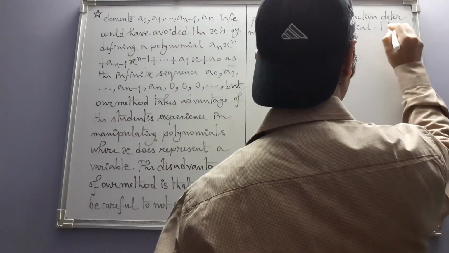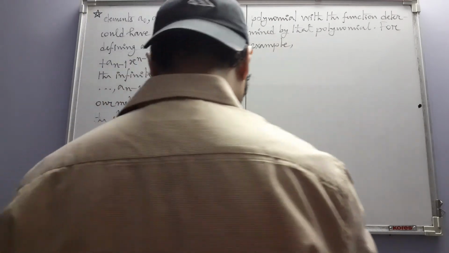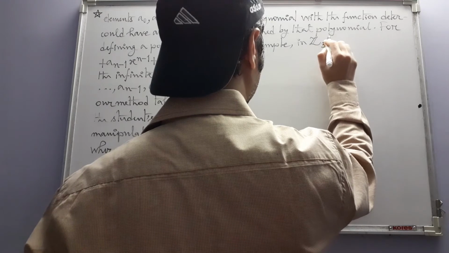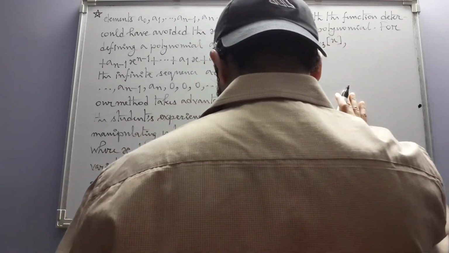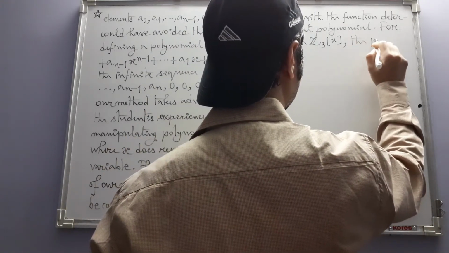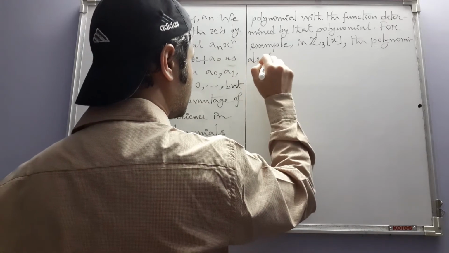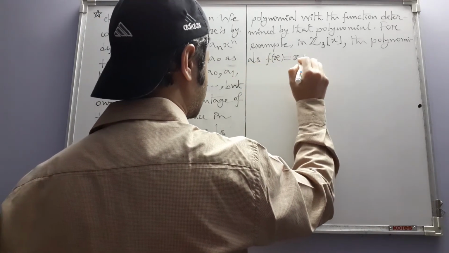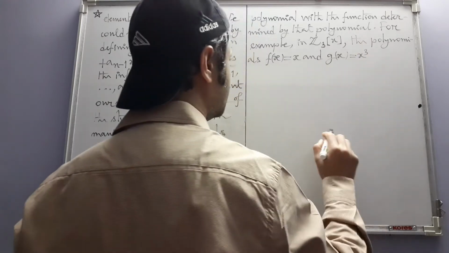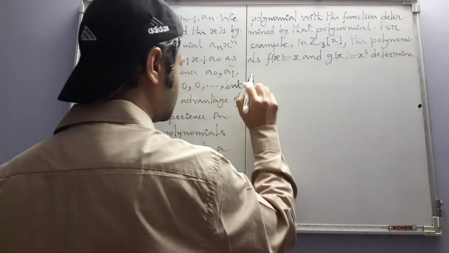For example, in the ring Z3[x], the polynomials f(x) equal to x and g(x) equal to x cube determine the same function.